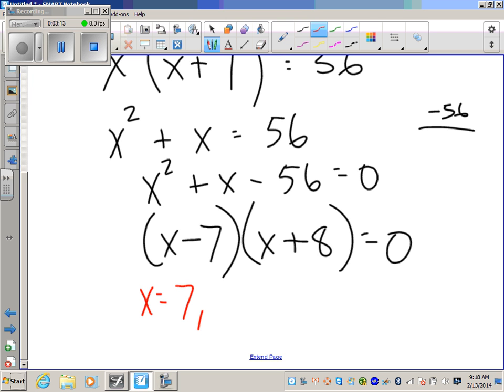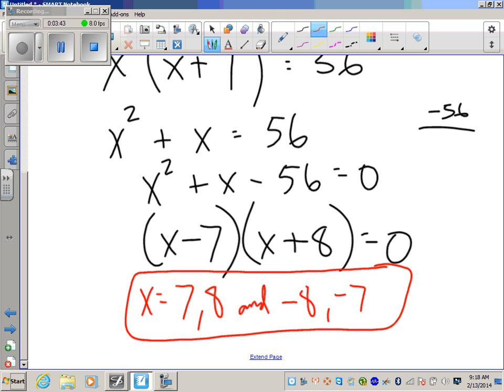So if x equals 7, and I put it back in my original, then x plus 1 would be 8. And what is this? Add 1 to negative 8. Add 1 to negative 8. Negative 7.